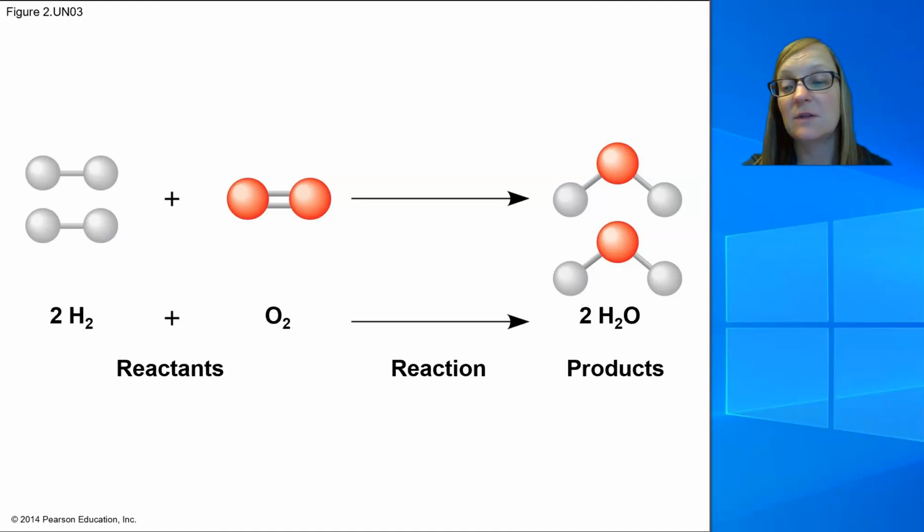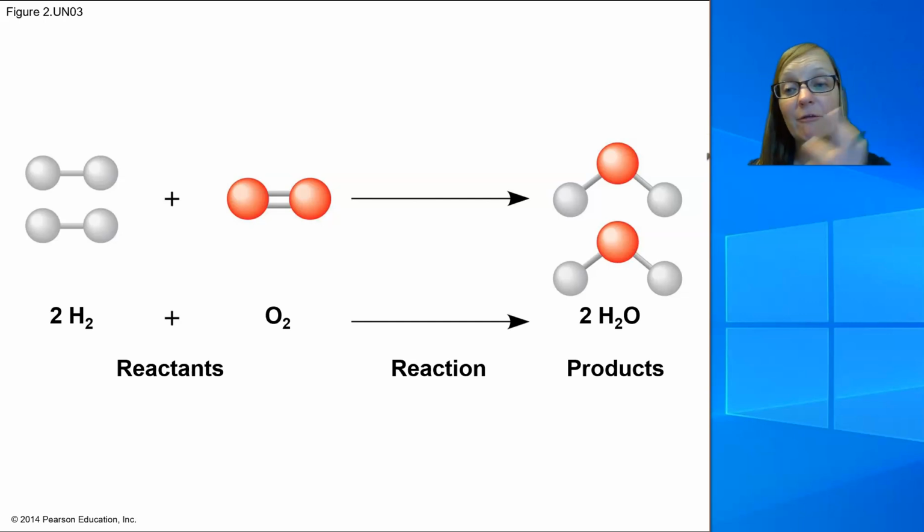So in this case, if you take 2 hydrogen molecules and an oxygen molecule, you can form 2 molecules of water. And in this case, matter was not created. It was not destroyed. All we are doing is we're taking the atoms that we start out with, breaking some of the bonds between them, and rearranging them to form new molecules.